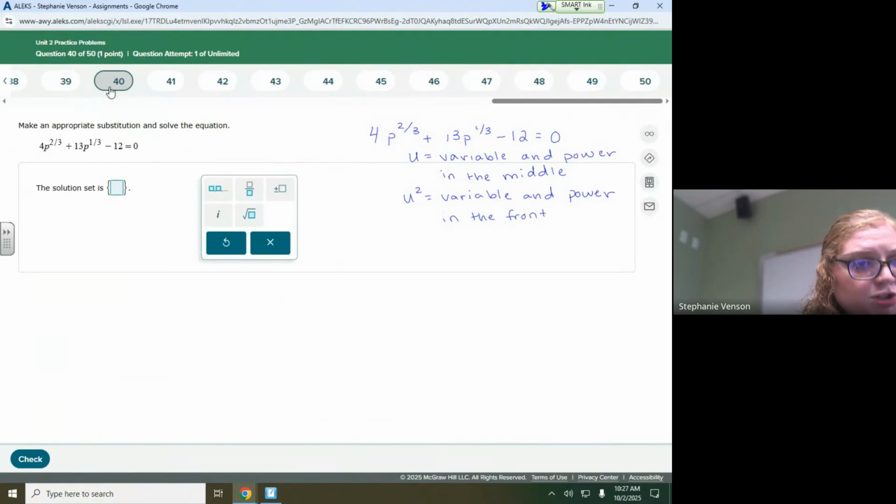So for our specific case, that would mean that u is p to the 1/3 and u squared is p to the 2/3. Y'all following me so far?